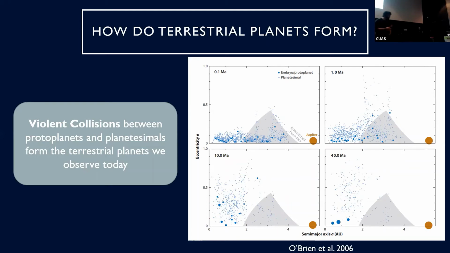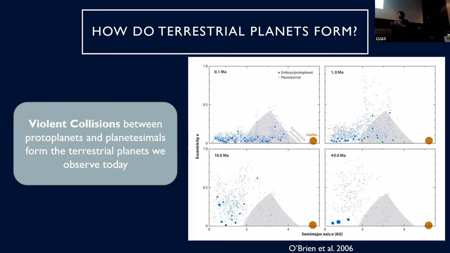It probably started, and I have one model, there are other models, with a wide range of planetesimals and planet embryos in the inner region that weren't very massive because they weren't able to conglomerate much larger planetesimals in time, certainly not before Jupiter was able to.